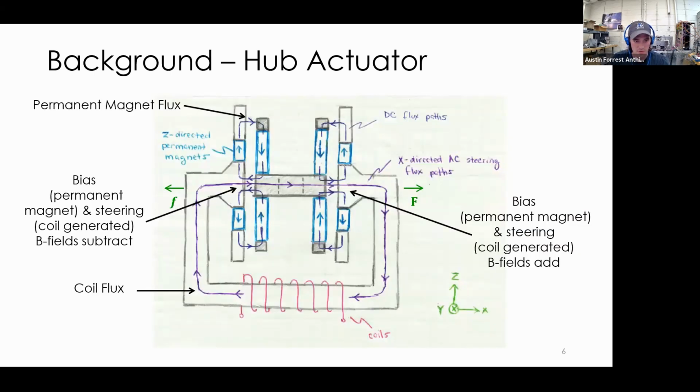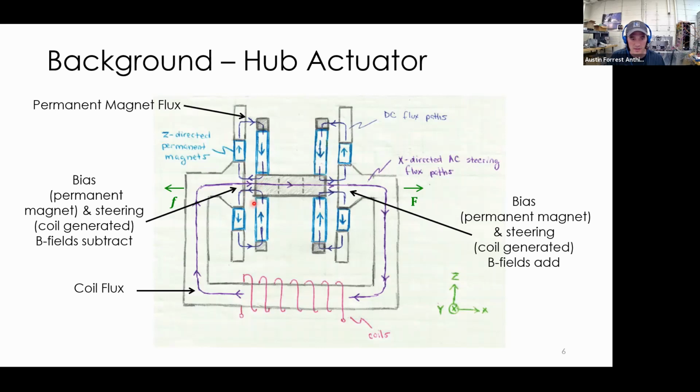Looking more at the magnetic circuit behind things, this is a nice drawing from Tyler. It demonstrates how we can get higher force for this actuator versus Lorentz. You have these permanent magnets which are biasing the air gaps with magnetic flux. And then your coil flux just modulates the air gap.